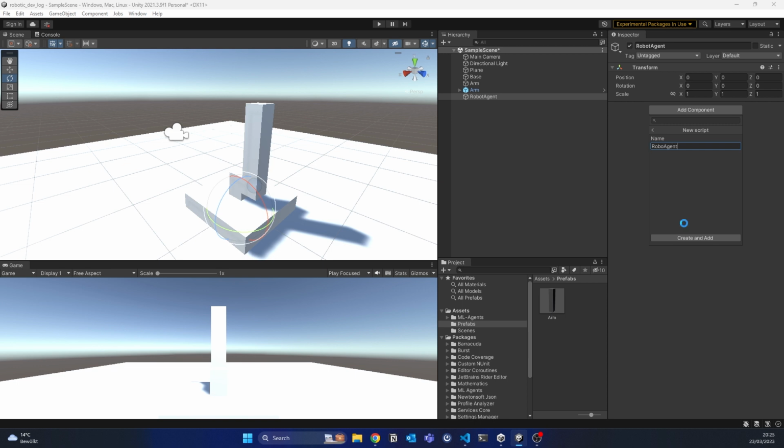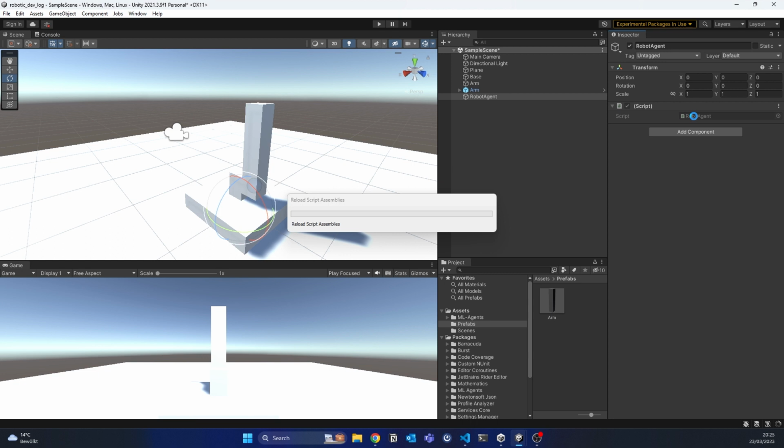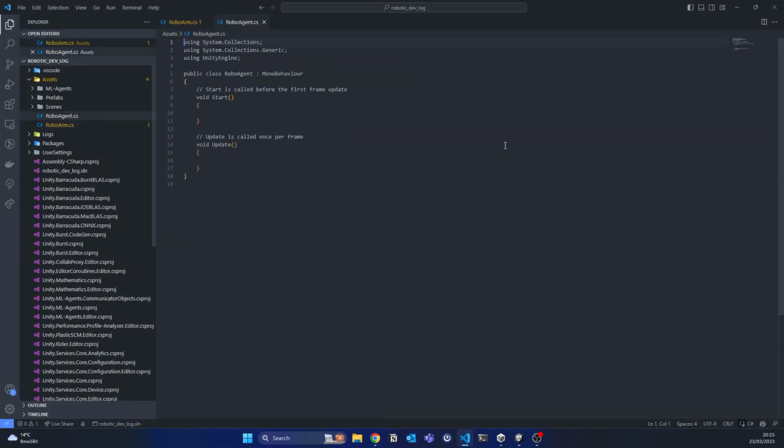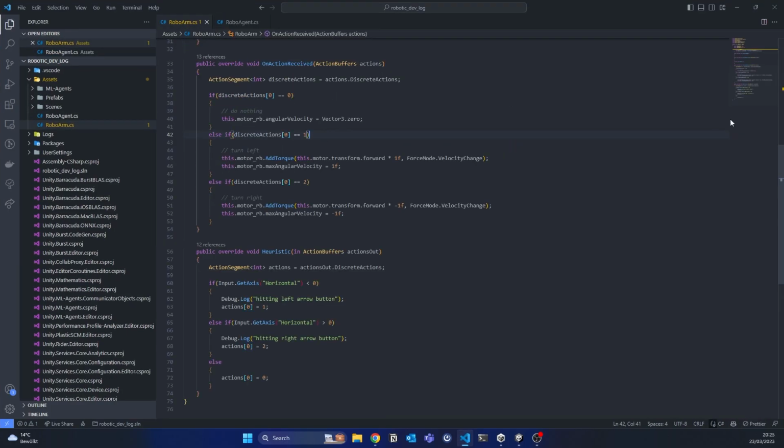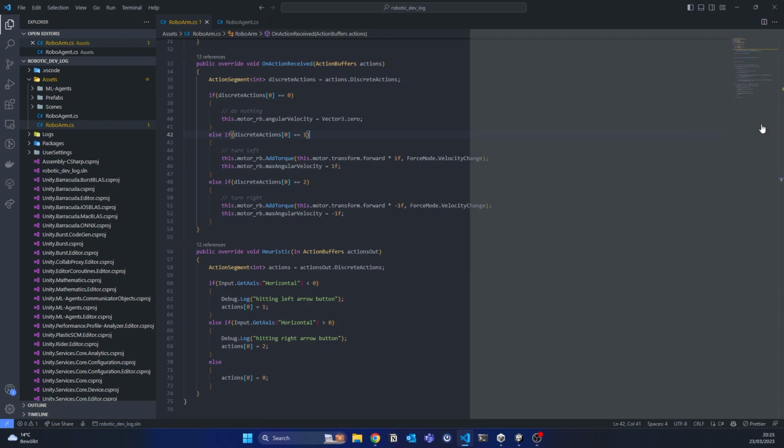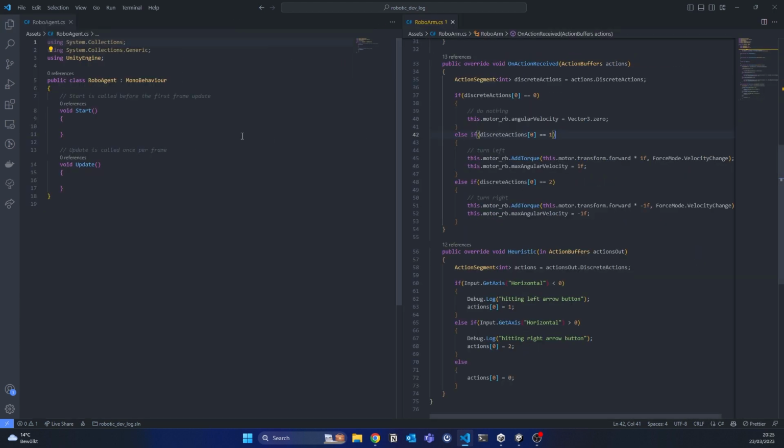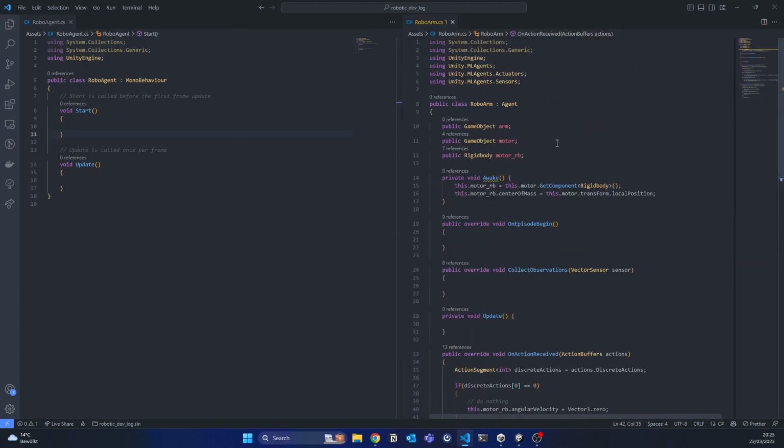Okay, so let's open it up. Okay, and our robo agent, we have already established the structure.